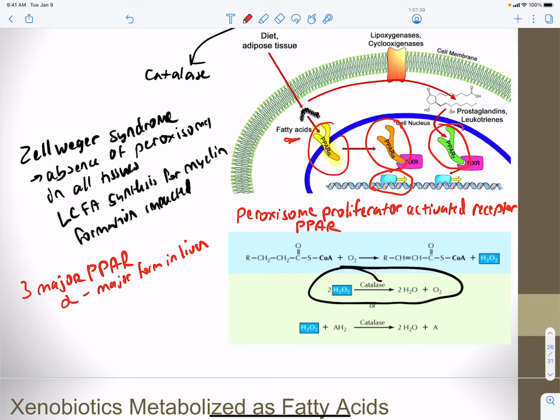This regulates the activities of genes involved in fatty acid uptake and the beta and omega oxidation of fatty acids. The two others are the delta, or beta, and then the gamma.